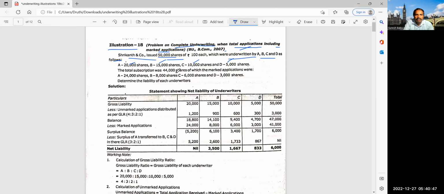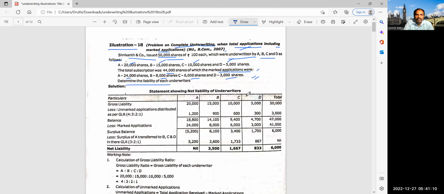The total subscription was 44,000 shares, of which the marked applications were, here you don't have firm underwriting, 24,000 A, 8,000 B, 6,000 of C, 3,000 of D. So 24 plus 8 is 32, plus 6 is 38, plus 3 is 41,000, correct? Total marked applications.